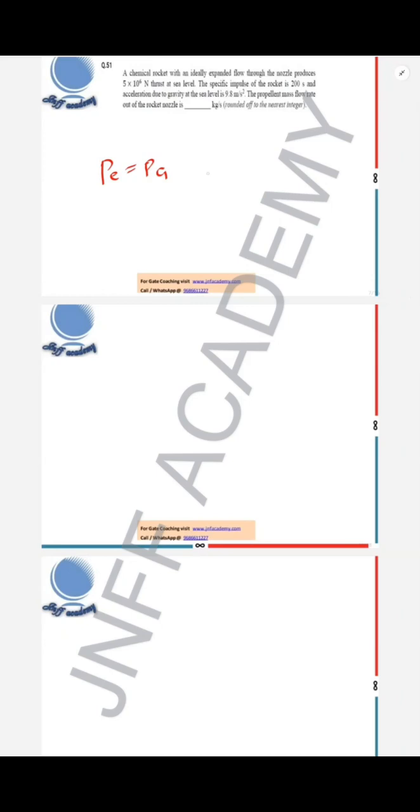The nozzle produces a thrust of 5 into 10 power 6 Newton at sea level. Specific impulse of the rocket, ISP, is equal to 200 seconds, and acceleration due to gravity, g, is equal to 9.8 meter per second square. The propellant flow rate of the rocket nozzle, we need to find m dot p.